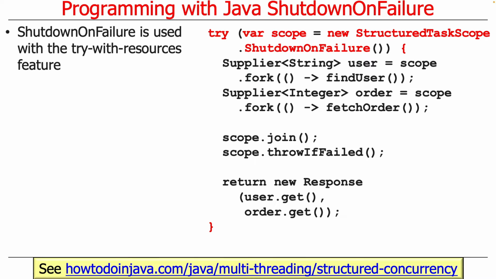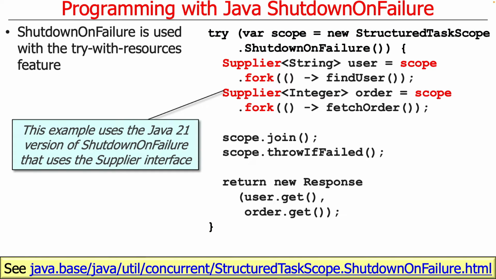And that means that scope is only visible within the context of the open curly brace and close curly brace. It's not visible beyond that. And the second piece about try with resources is when we go out of scope, in other words, when the closed curly brace is reached at the runtime level, then this object will have its close method called automatically, and what that'll do is clean everything up. So you can kind of think of it as sort of like a destructor in C++ or in C#.